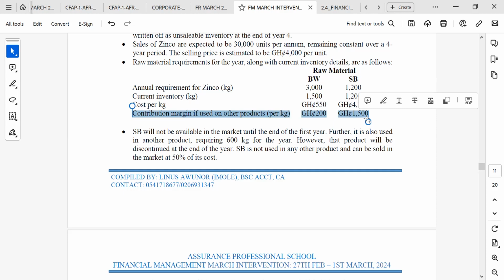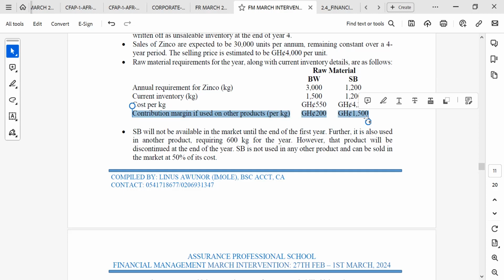Yes. But if you want to use it for this one now, will you be getting the contribution again? If you want to use the 600 on the SB now, are you going to be getting the contribution on the other products? No. Okay, so the contribution loss will now be an opportunity cost over here, because we have to use the SB and we can't get it in the market.